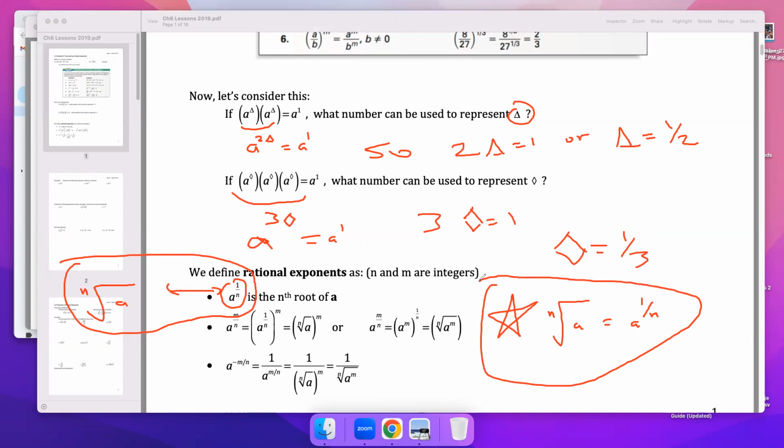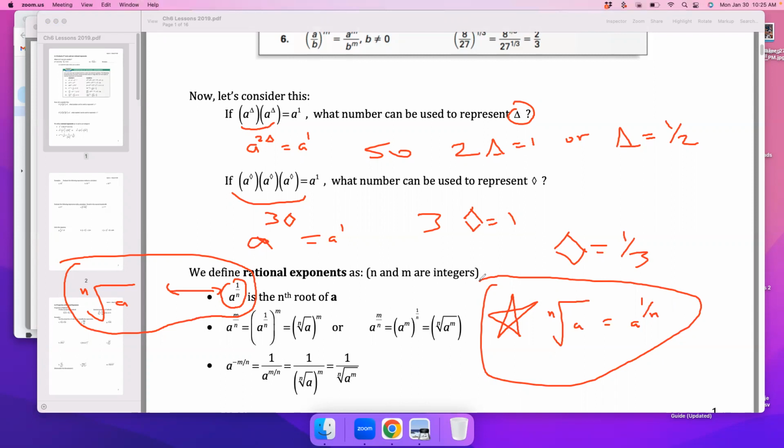Because if you think about it, do you see an exponent next to the a? When you don't see an exponent, what do you assume it is? If you don't see an exponent next to a variable, like if I have x and I don't put an exponent here, I assume it's just going to be 1. Like if I have 2 here, if I don't put an exponent, it's still 2, right? So if we don't see an exponent, we assume it's 1.